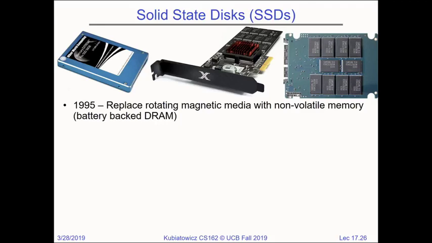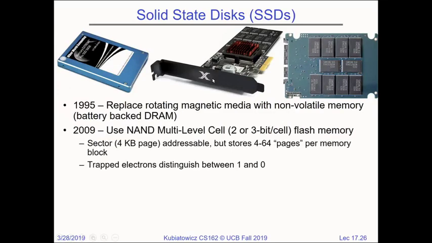They were called non-volatile RAM, and typically you'd get a card that had some batteries and some DRAM on it, and you could plug it in and it would store the contents of its memory even when power got lost. But we started to get NAND flash showing up in bigger quantities, and around 2009 we started getting multi-level cells with 2 or 3-bit cells, and flash just got big.